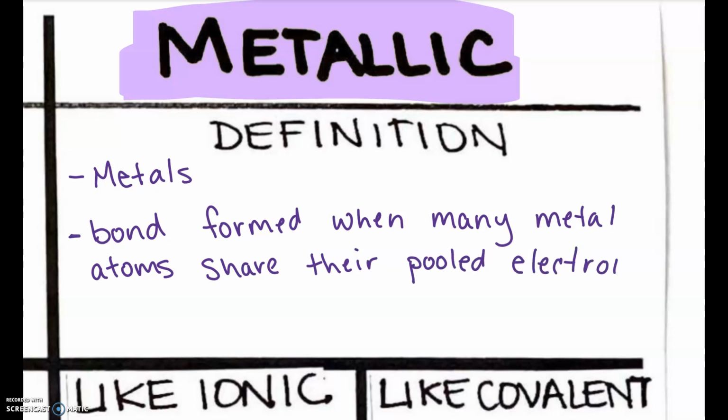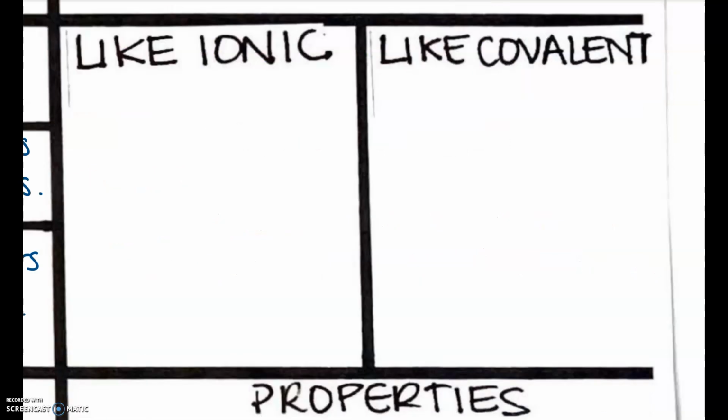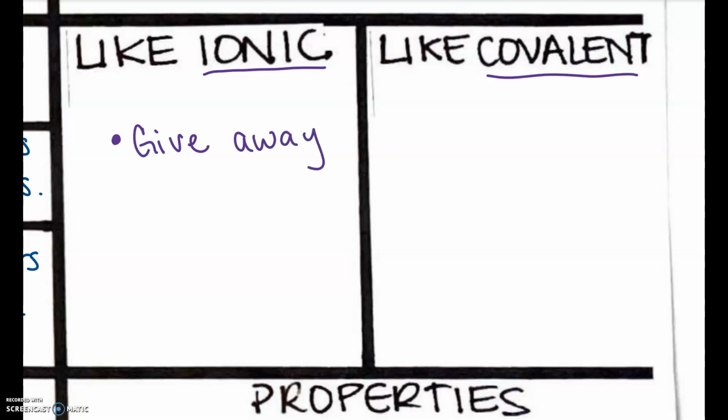So many metal atoms share their pooled electrons. Metallic bonds are in some ways like ionic bonds, and in some ways like covalent bonds. They're similar to ionic bonds because the atoms in the bond give away their electrons.